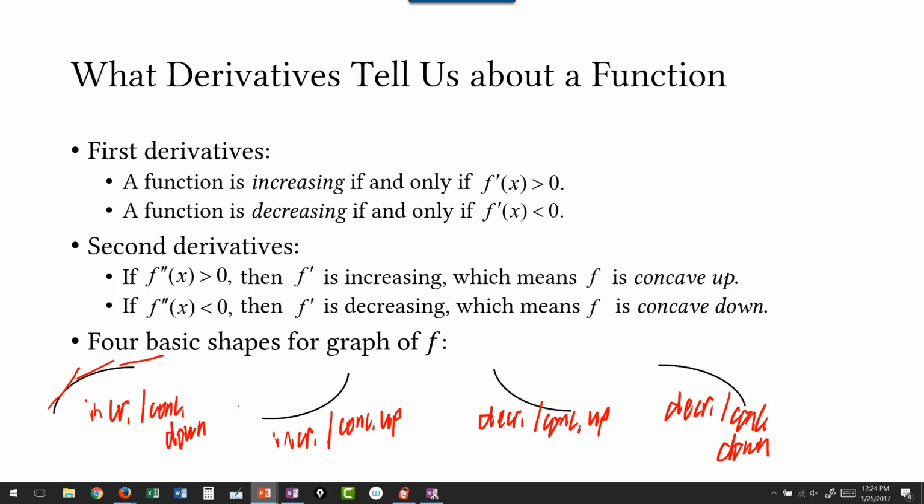So that means the slopes of the tangent lines are decreasing. That means f prime is decreasing, and that results in a concave down shape. On the other hand, concave up means that these tangent lines are increasing in steepness as we move from left to right. So an increasing derivative means concave up.